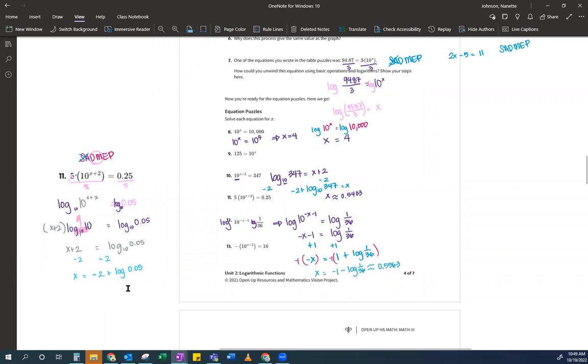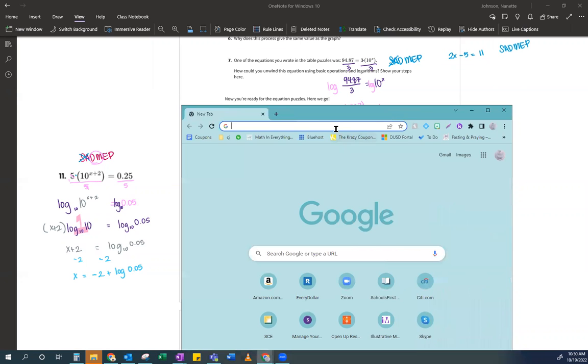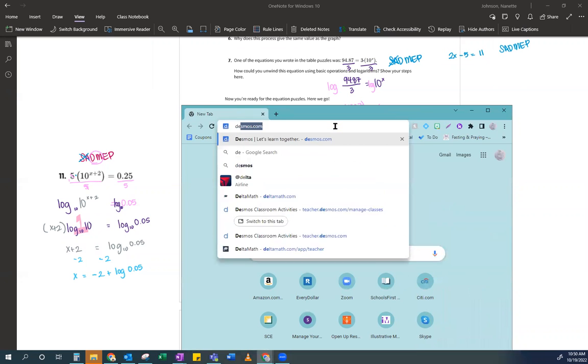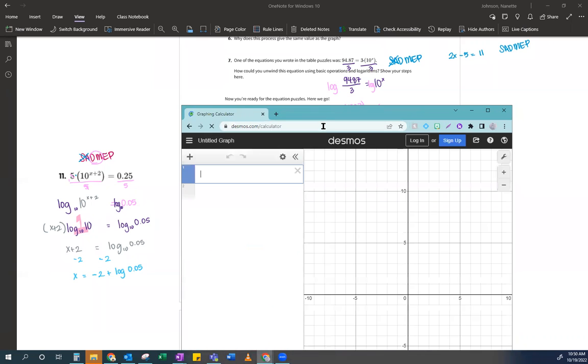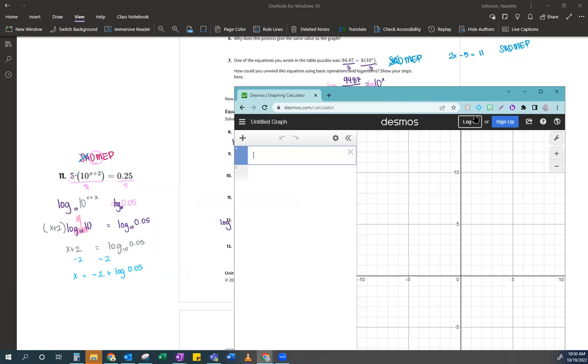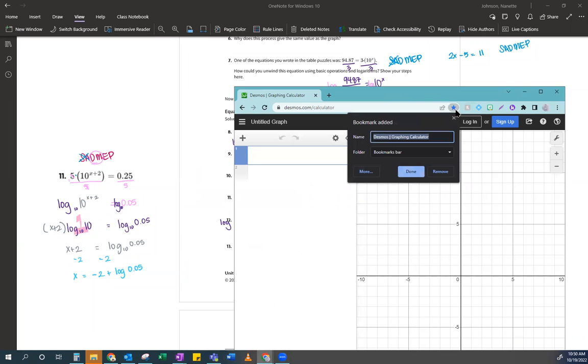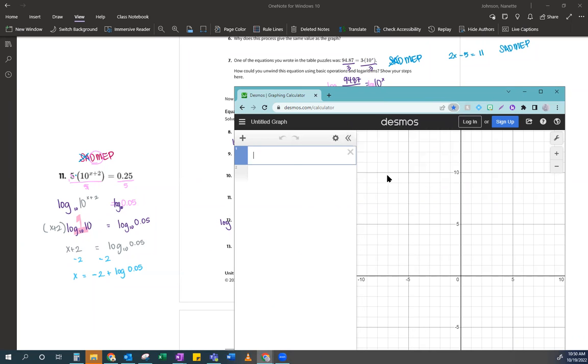And then it says, just solve the equation for x. It didn't tell me to give an approximate of the answer, but if I wanted to, I can. So I'm going to pull in my handy dandy Desmos calculator, my favorite, right? Okay.